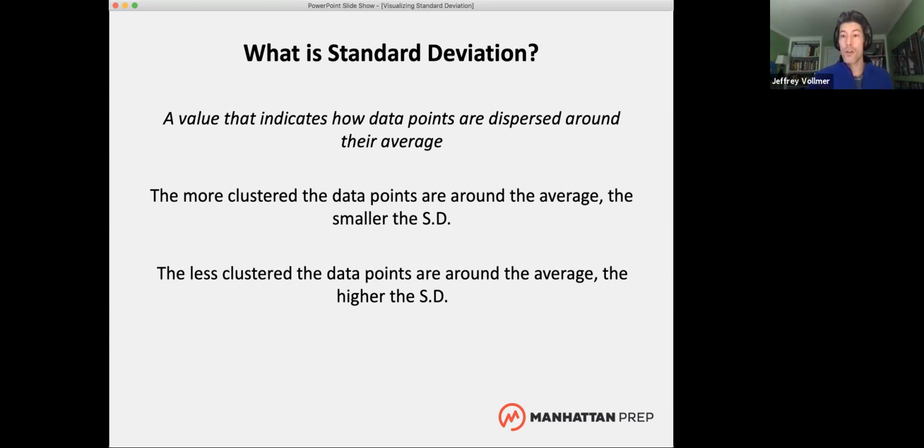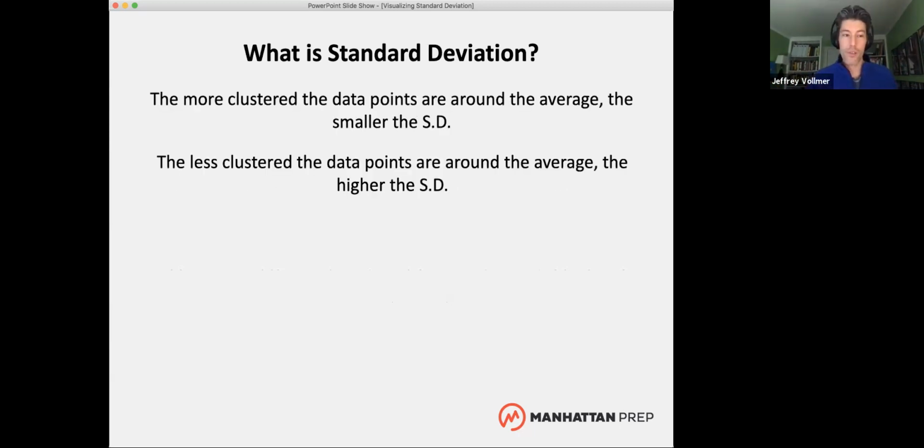So let's take a look at some sets that illustrate this. Let me move these points up top and let me present to you set A and set B. Go ahead and take a moment and try to determine the average of each of these sets.